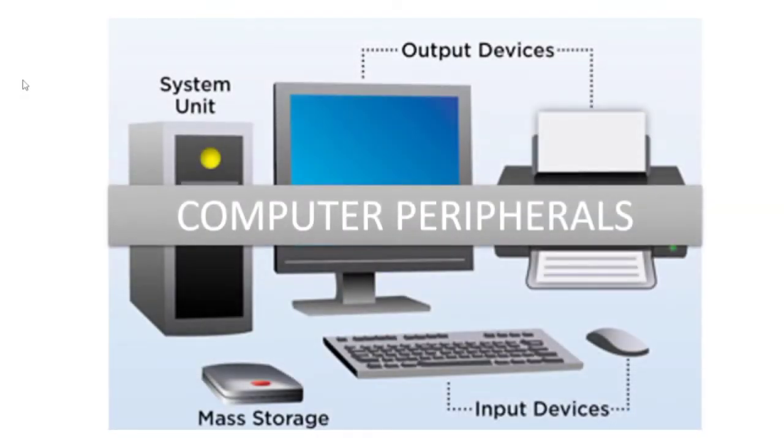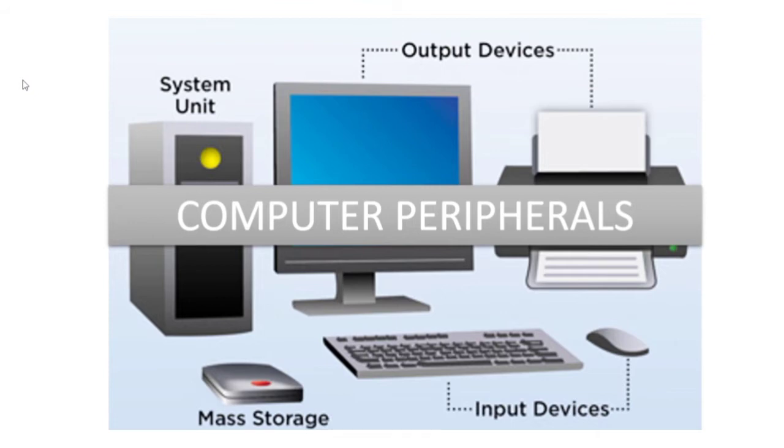Output devices are the peripheral devices which are used to show the entered data or processed information by the computer system. An output device converts the electronic information into a format which can be understood by humans.